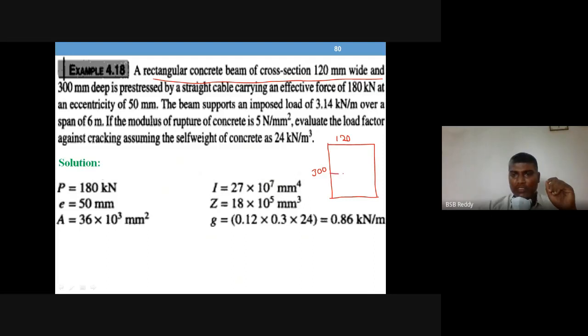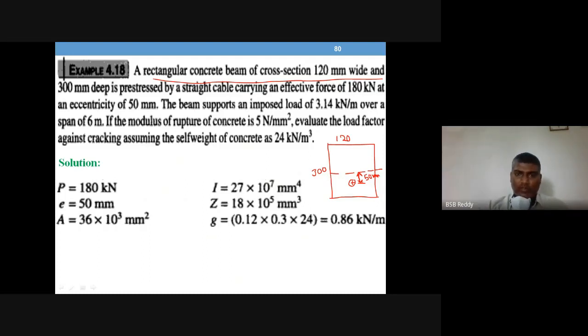So 50 mm is the eccentricity. This is the center of the section, the CG. If we make three equal parts, this is the first 50, so 50 mm is the gap, the eccentricity value.